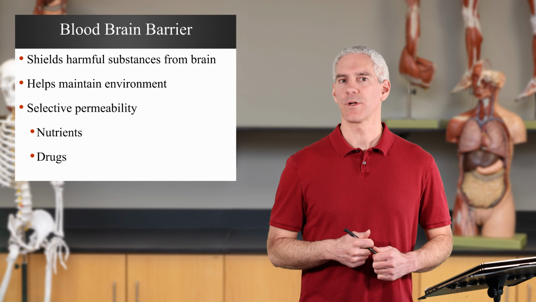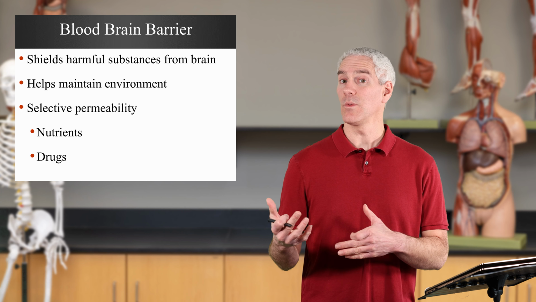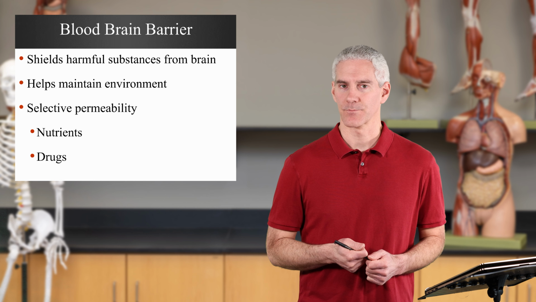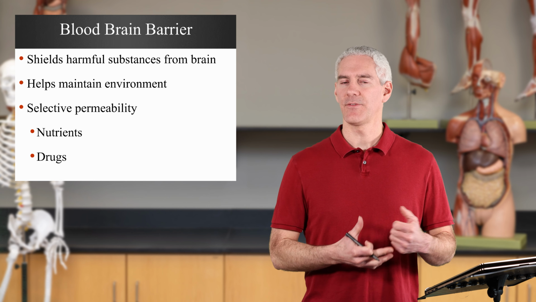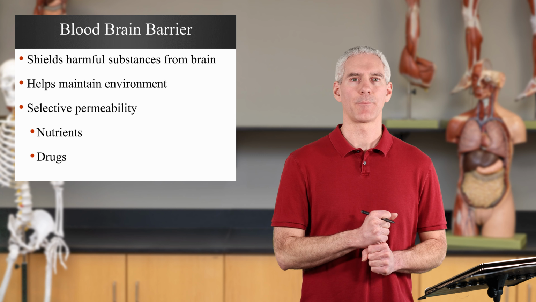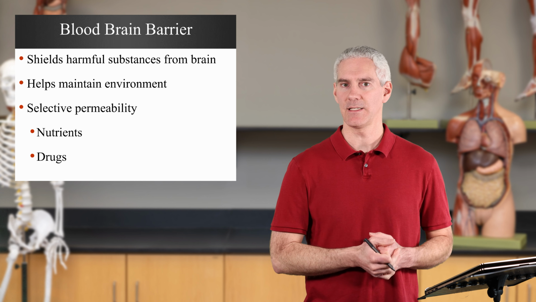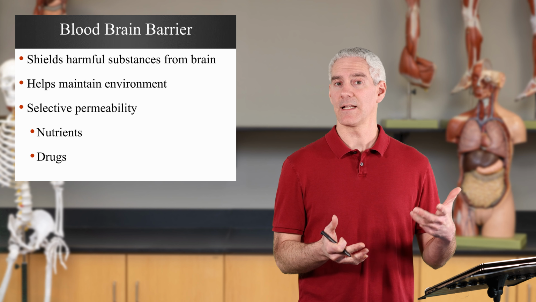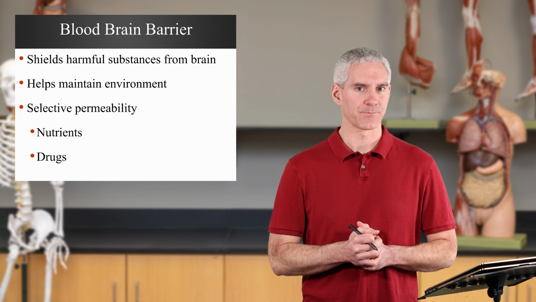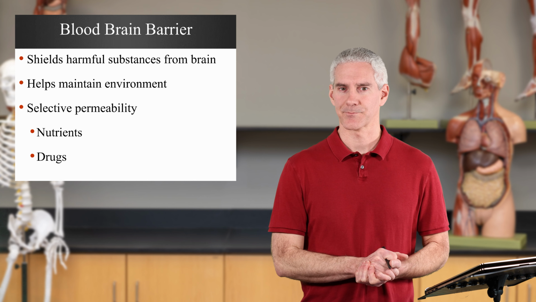And the reason it's important is it's selectively permeable. What that means is only certain things are getting through. Yes, obviously the blood itself is passing through, but it's being modified. The nutrients are being modified for a certain nutrient mix that the brain depends upon. You're also looking at modification of any drugs. So think about if you're taking ibuprofen, for example, for a headache.